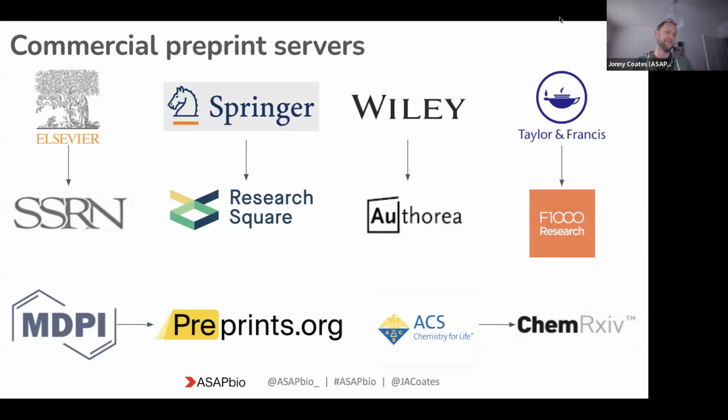F1000, and this is an interesting case as well that maybe I'll focus on. Taylor and Francis bought F1000. F1000 is almost an example of a system where it looks like the commercial publishers might want to move towards. If you're not familiar with F1000, I suggest you have a look at it, but basically it's a place where you post your preprint and then there are reviews attached to that.